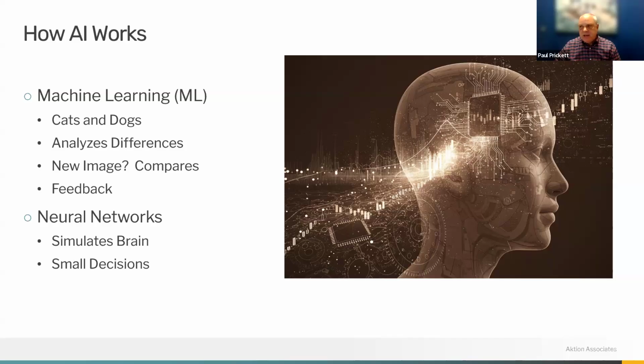As a result, it analyzes them and does pattern recognition to figure out what it believes are the identifiers for cats and dogs based on those pictures. When we give it a new picture and ask, what is this? It compares it to the analysis it has built from all the pattern recognition it's done, and it will kick back and say, I think this is a cat, or I think this is a dog.